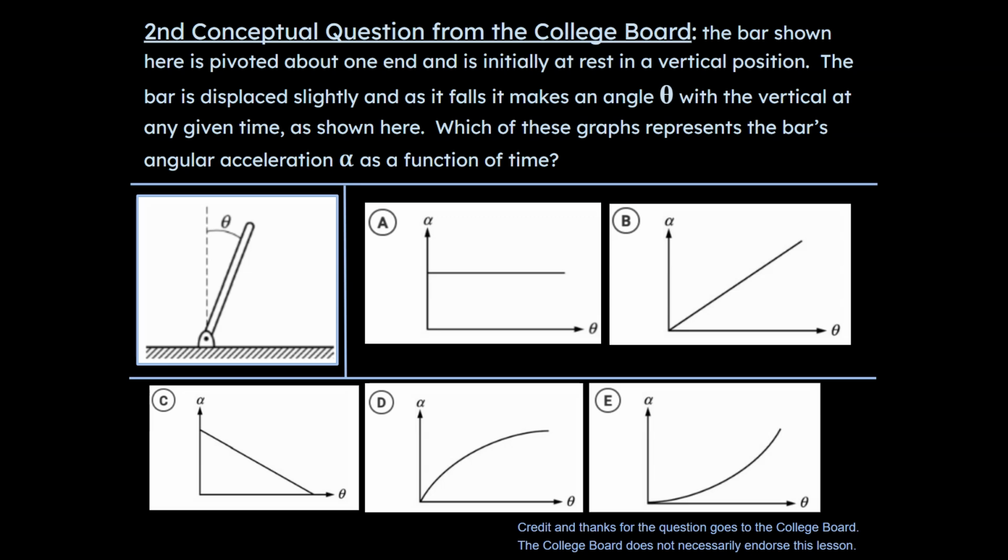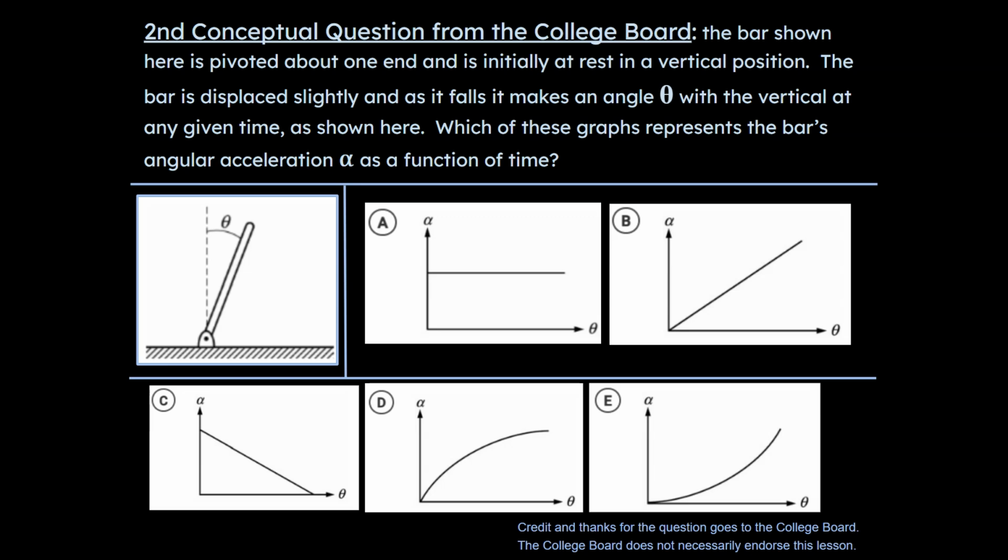I do want to say also, as we compare D and E, notice that D is concave down, E is concave up. D is more correct in terms of describing reality because if you think about as this rod falls down, the majority of the distance of the center of mass as it moves from the axis of rotation out is at the beginning part of the falling process.